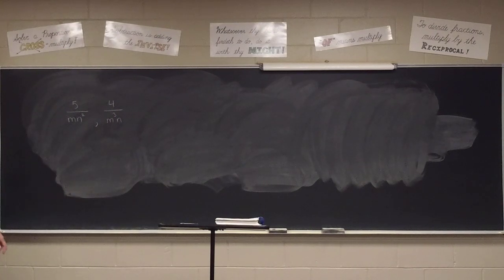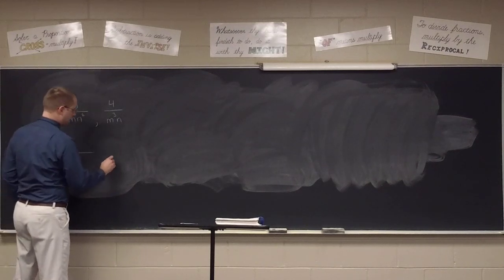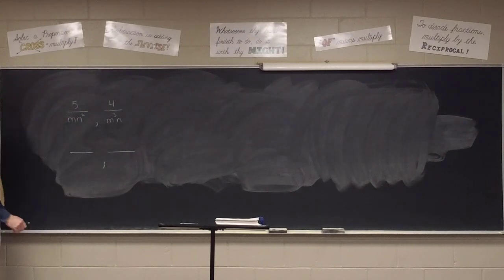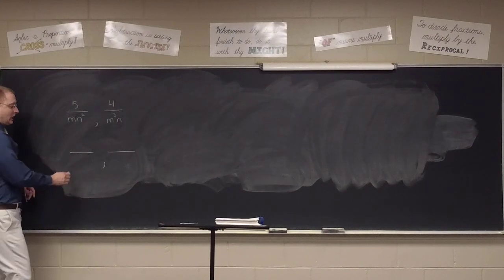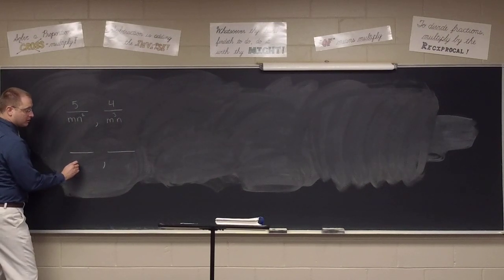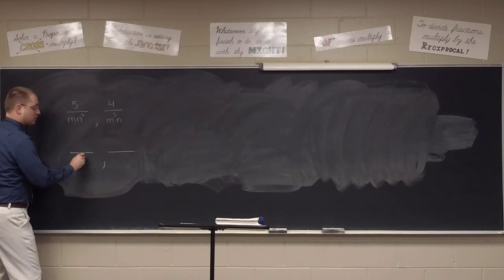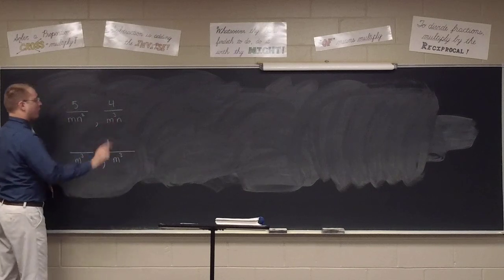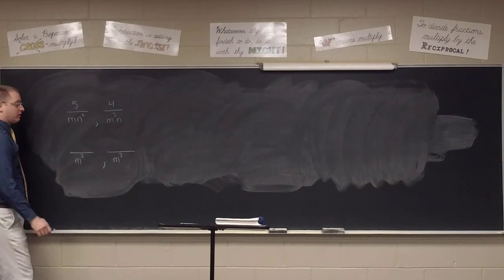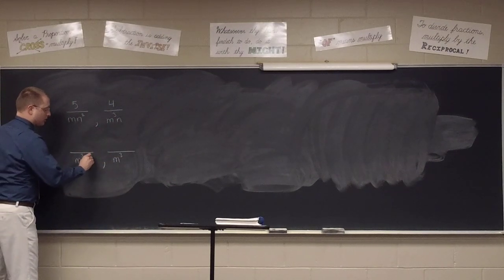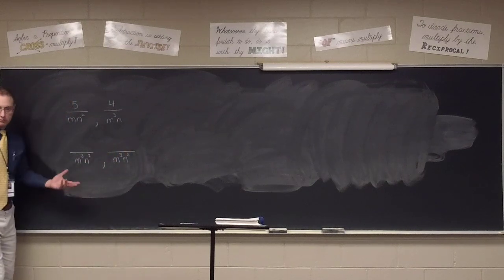All right, let's take a look at another one. Well, 2 letters, right? Who's the winner of the M's, class? The second one, which is M cubed. What's the winner of the N's? So that's your least common denominator.